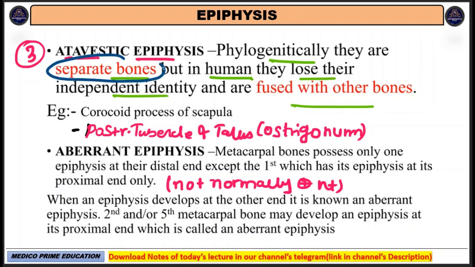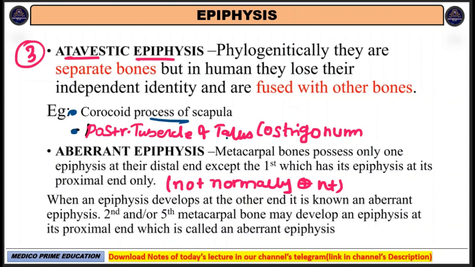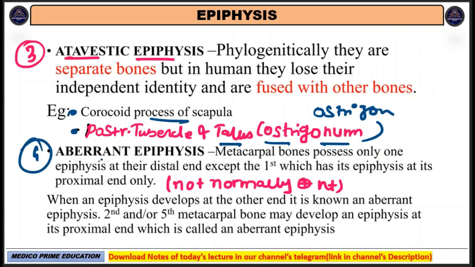They are separate bones initially phylogenetically, but in humans they lose their independent identity. वो अपना खुद का identity, उसका self respect खो दिया और दूसरे bones में जाके fuse हो गया, ठीक है? अब उसको लगा कि अब अकेले कुछ नहीं हो सकता, अब fuse होना पड़ेगा। Now coracoid process of scapula बता दिया, posterior tubercle of the talus जिसको हम लोग बोलते हैं os trigonum, okay? नेक्स्ट फोर्थ टाइप ऑफ एपिफाइसिस नोन एज एविडेंट एपिफाइसिस, मतलब कहीं भी कैसे भी बन जाएगा, ठीक है?